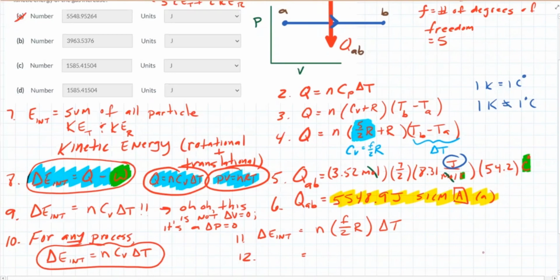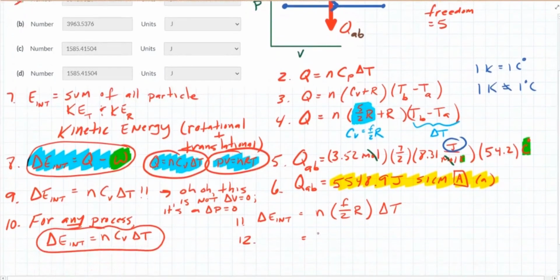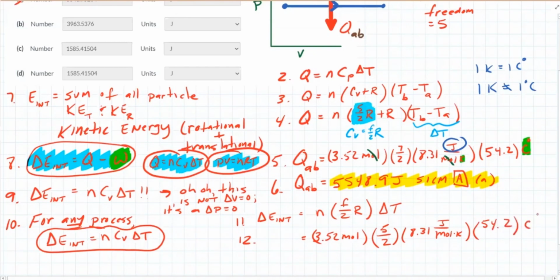It's going to equal N, and N was equal to 3.52 moles. F over 2, well, F is 5, again, 3 translational kinetic energy degrees of freedom plus 2 rotational kinetic energy degrees of freedom. F over 2 would be 5 over 2, and R is 8.31 joules per mole times Kelvin, times delta T, which was 55.2 Celsius degrees.